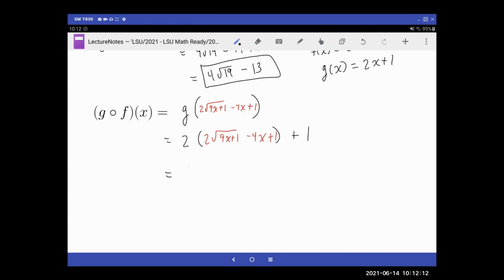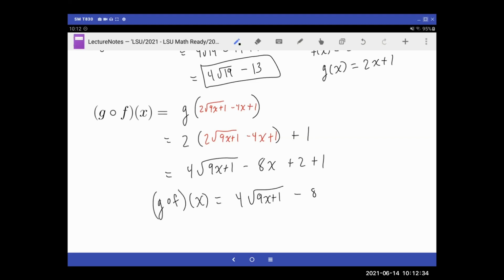We distribute that 2. Minus 8x plus 2. Of course, plus 1. And that'll add together to be a plus 3. So g of f of x equals 4 the square root of 9x plus 1 minus 8x plus 3.